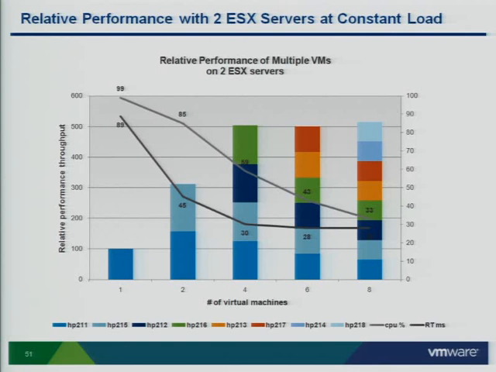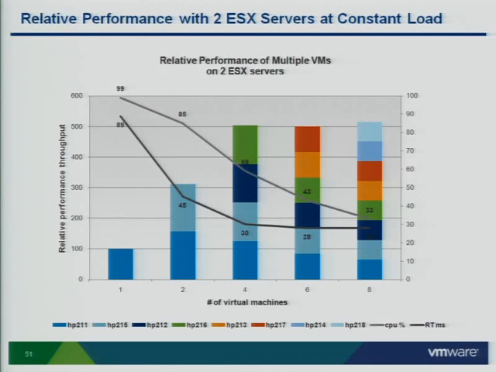In this case, you will see that as you increase the number of virtual machines, you will see better performance, better response time, and also the CPU utilization comes down as you add multiple VMs running on multiple ESX servers.